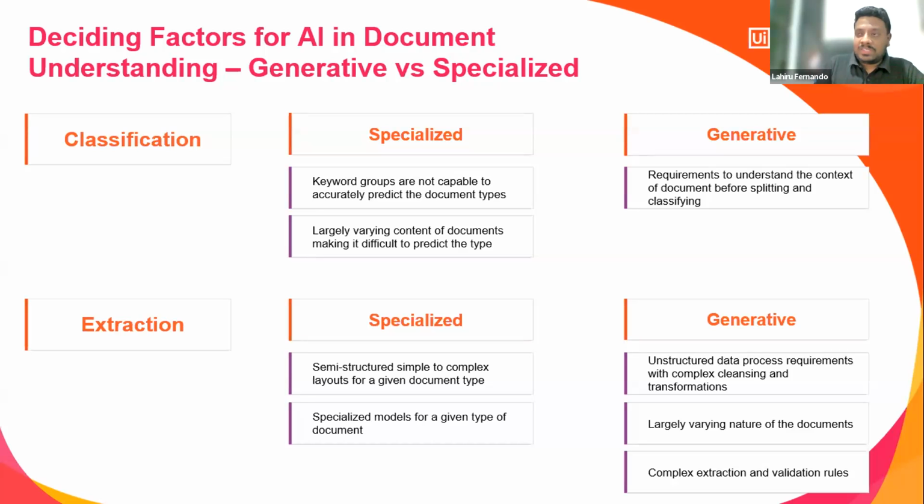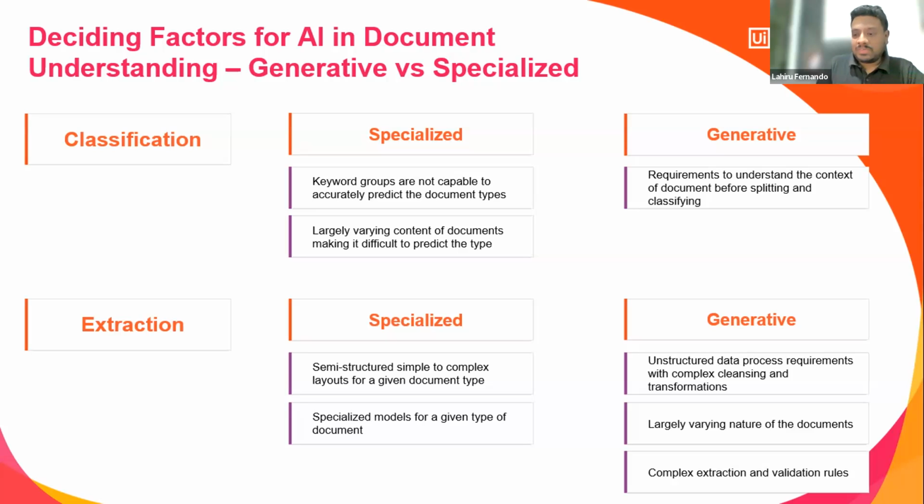And that's for classification. Then comes the extraction for semi-structured and other documents. We have different AI models, but you can also use the generative capabilities for processing unstructured documents. If the content is very complex and you cannot really define any kind of rules, you can easily use a generative extractor and even do some transformations.